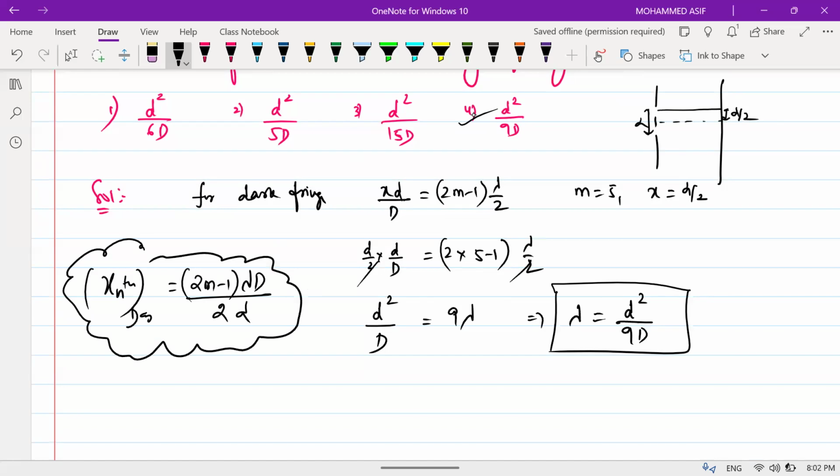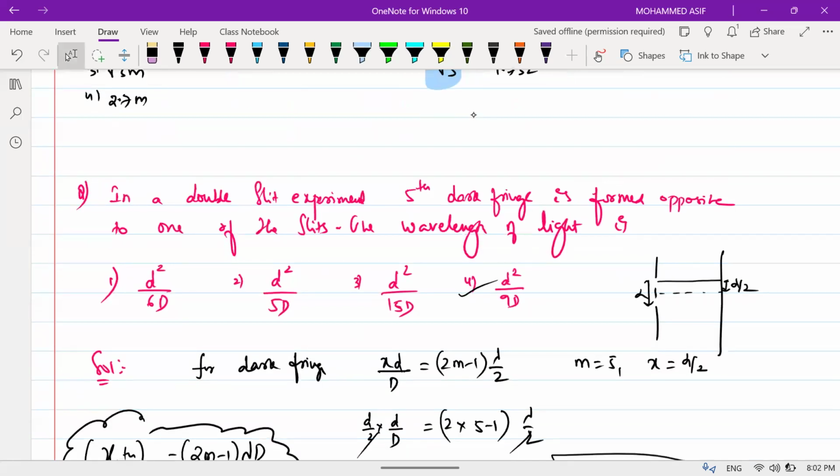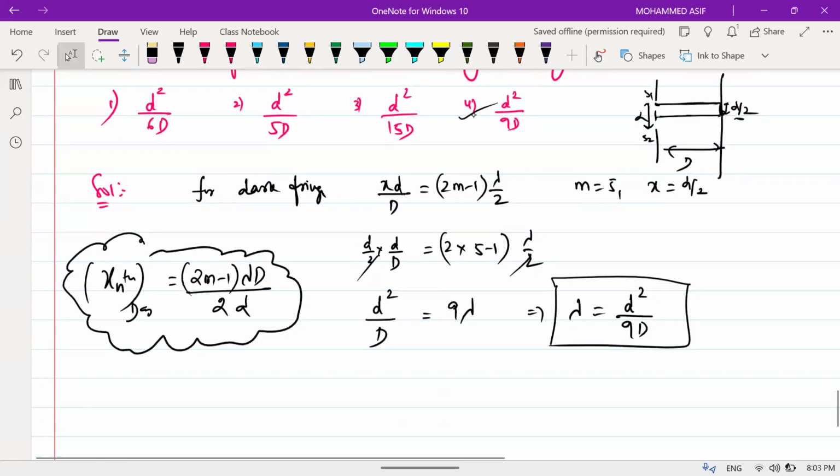The only thing you should understand, this point was very important, that in a double slit experiment, the fifth dark fringe has been formed exactly opposite to one of the slits. That means this distance from central maxima is d by 2, because the total distance from one slit to another slit is d. This one is capital D. That is the reason I'm taking x as d by 2. Simplifying it, we get lambda is equal to d square divided by 9 capital D.